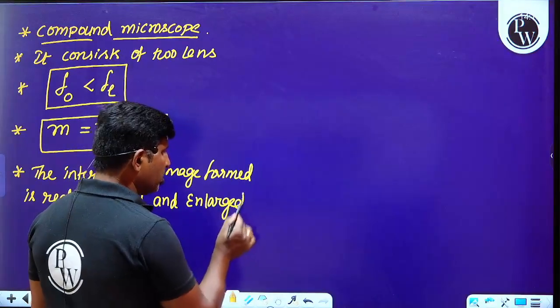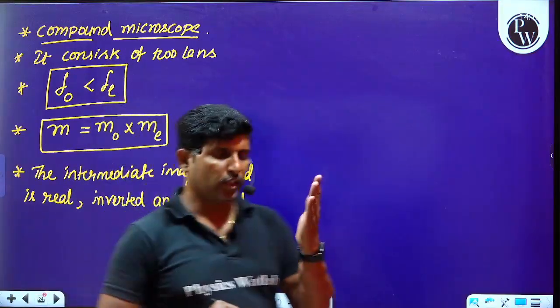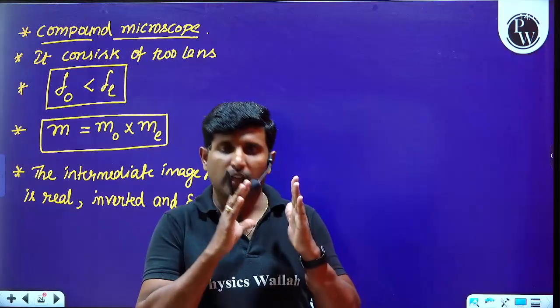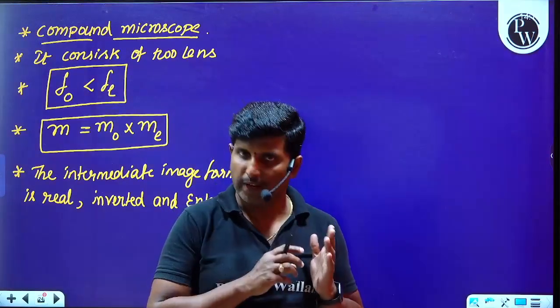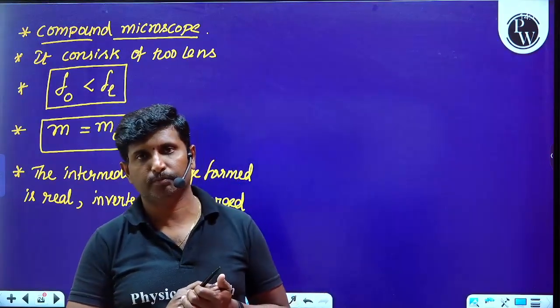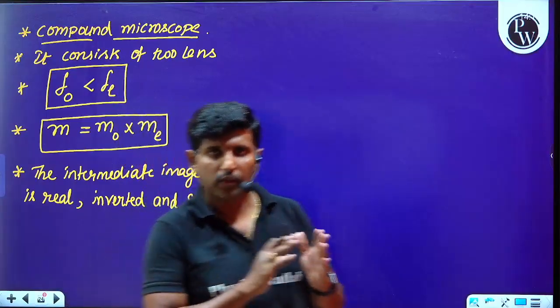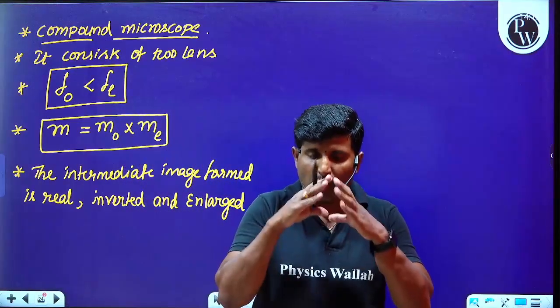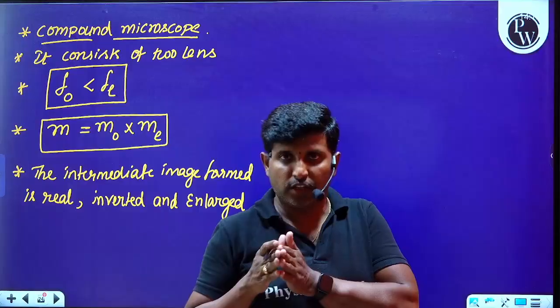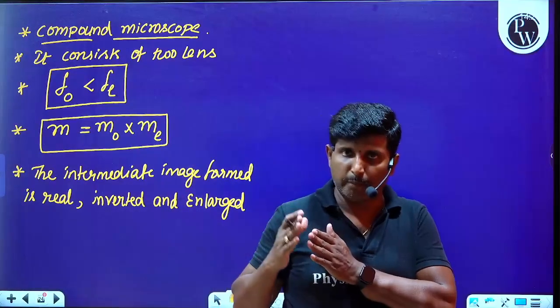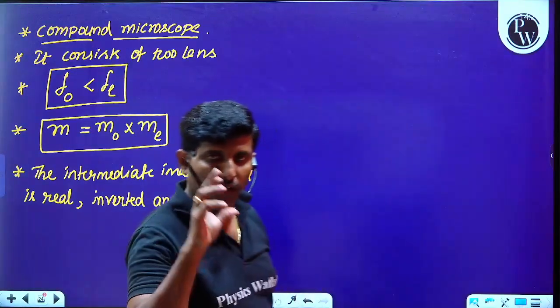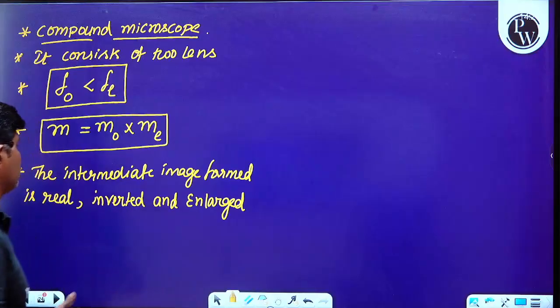What is the intermediate image? Whenever an object is placed near the objective of the compound microscope, the objective first forms the image in front of the eyepiece. That is called an intermediate image.